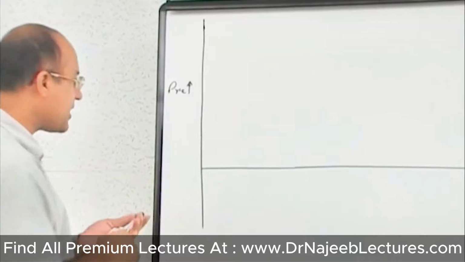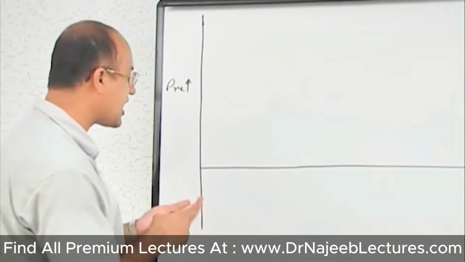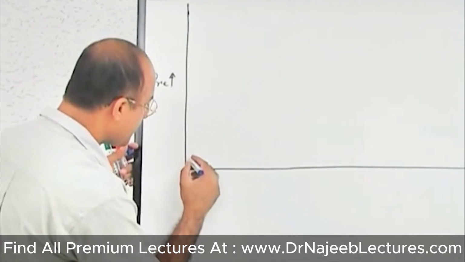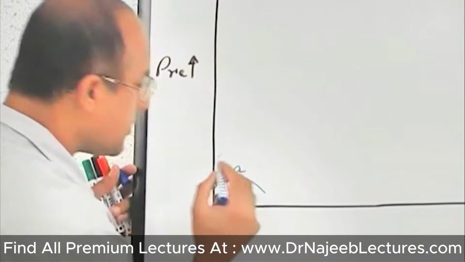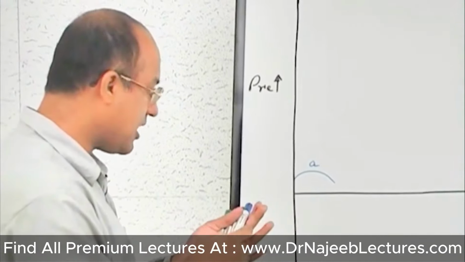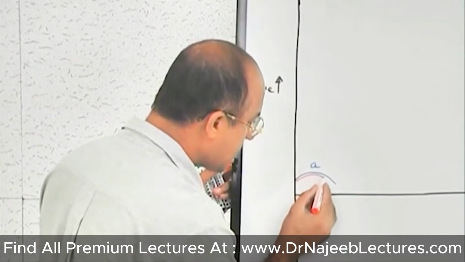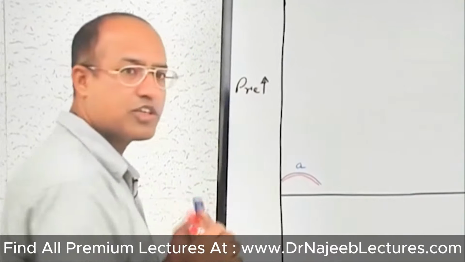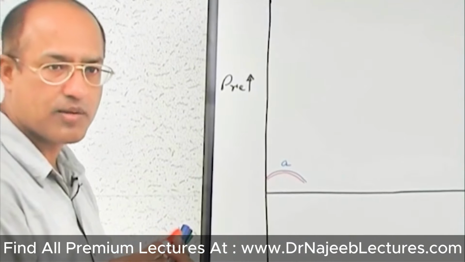Now, in the very first phase, when atrial contraction starts, you remember atrial pressure goes up, and this was called which wave? A wave. And as atrial pressure goes up, along with that, ventricular pressure also goes up. And when atrial contraction completes, ventricular pressure rise also completes.